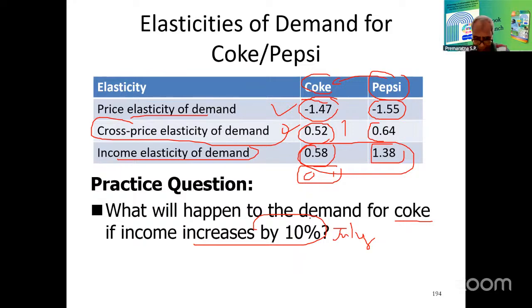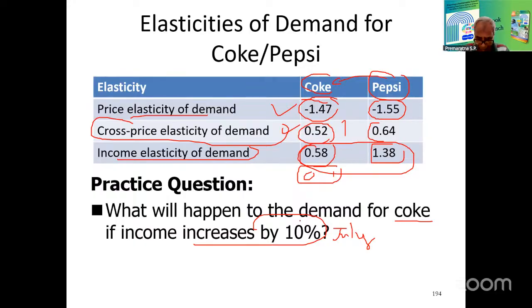If you have the income elasticity figures, you know how many units you order and keep in the retailer shop next month.